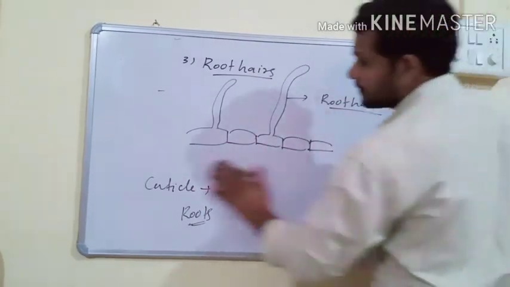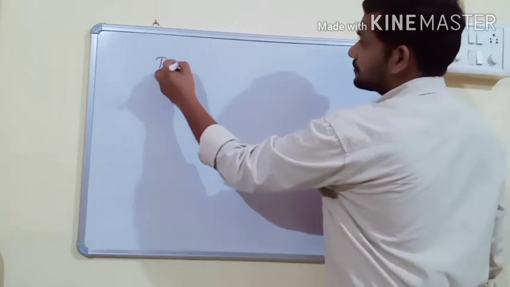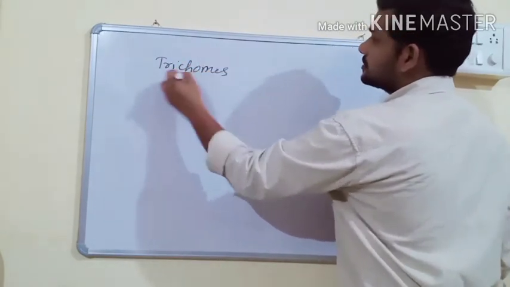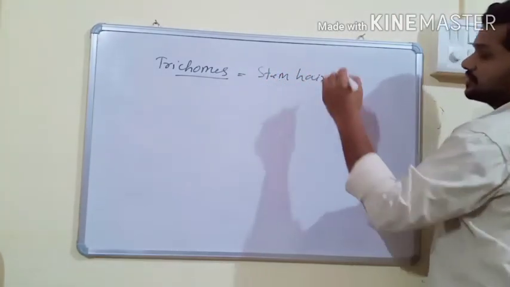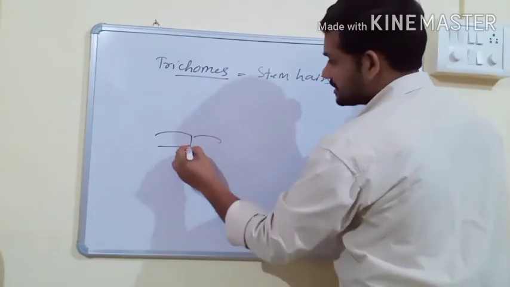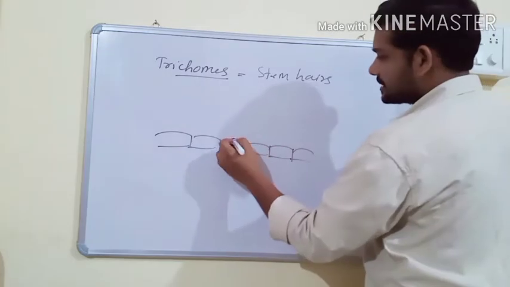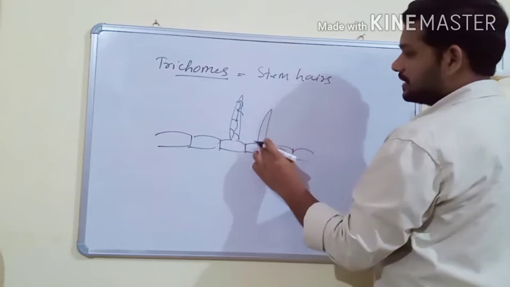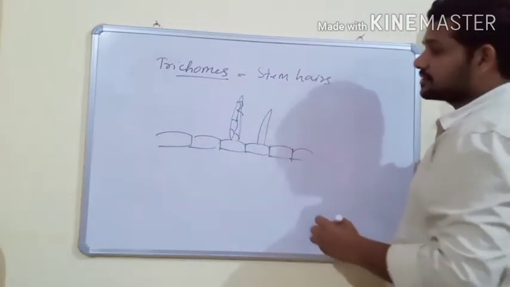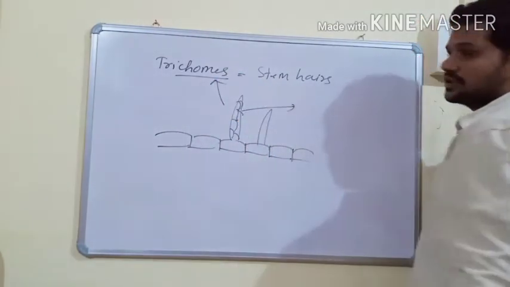Another epidermal appendage is trichomes. Trichomes are also known as stem hairs. Some cells of the stem epidermis possess unicellular or multicellular, branched or unbranched outgrowths, and these are called trichomes.